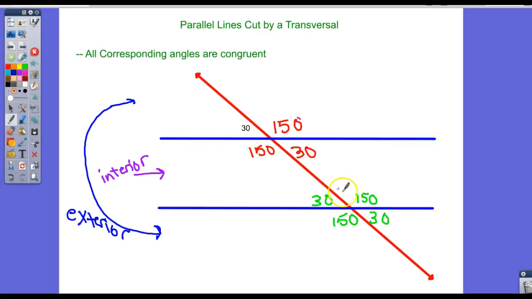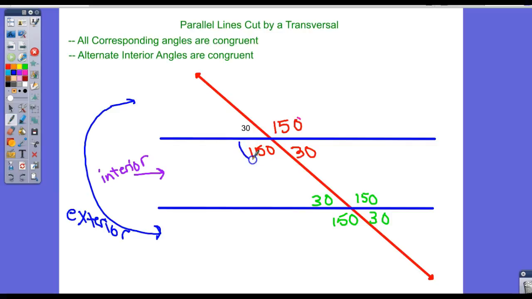They're congruent on opposite sides. So we say that alternate, so the other side, alternate interior angles are congruent. So that means this guy will be congruent to, on the inside, the opposite one. So the alternate interior. This one will be congruent to this one, and this one will be congruent to this one. Alternate interior. So if you're on the inside, the guy on the opposite side is congruent.